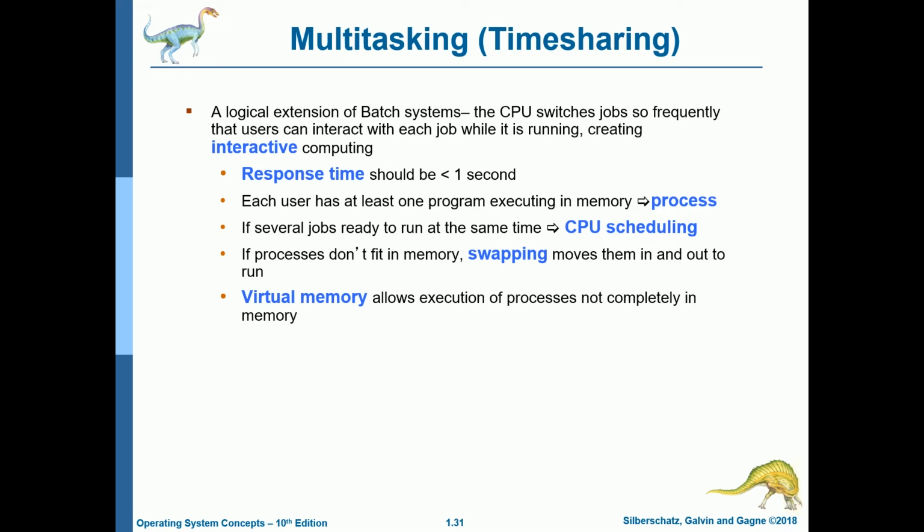If you have several jobs that are ready to run at the same time, the CPU schedules those processes. Now, if the processes don't fit in memory, we have to swap that information in and out. And virtual memory allows the execution of processes that are not completely in memory. Now, CPU scheduling and virtual memory are two large sections inside this course, so keep some of these concepts in mind because they will come up later.